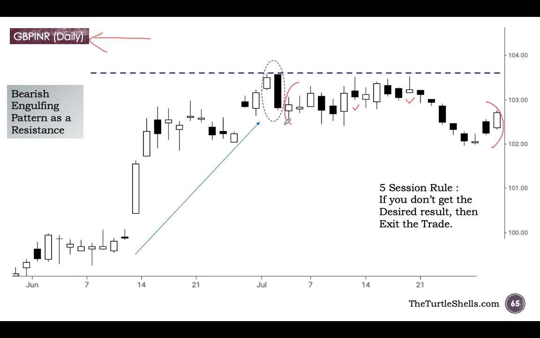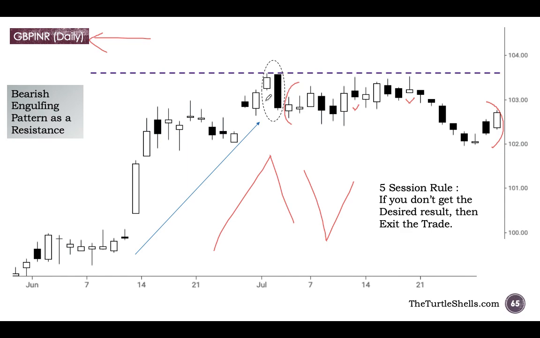Another thing to remember is I told you that any reversal pattern, all of these patterns that we are studying are reversal patterns. So any reversal pattern does not say that the market will go from up to down or from down to up. The reversal pattern is just indicating that the prior trend is likely to end. What's the prior trend here? The prior trend is up.